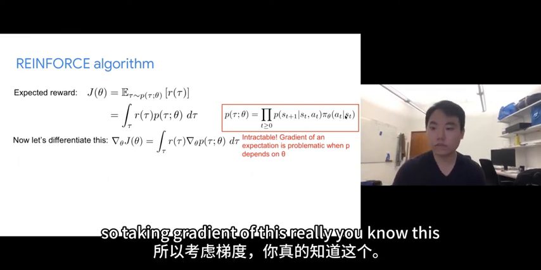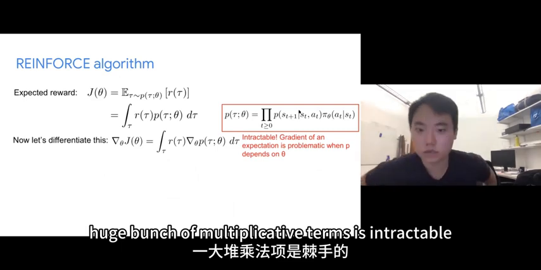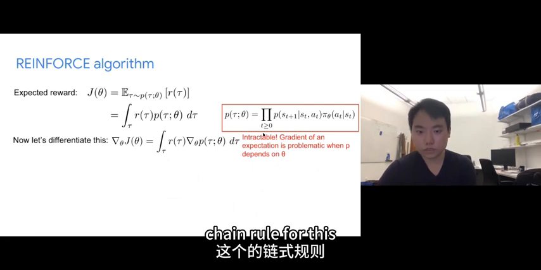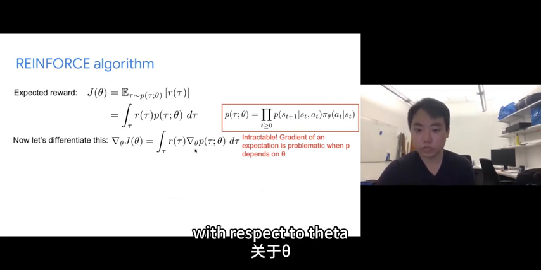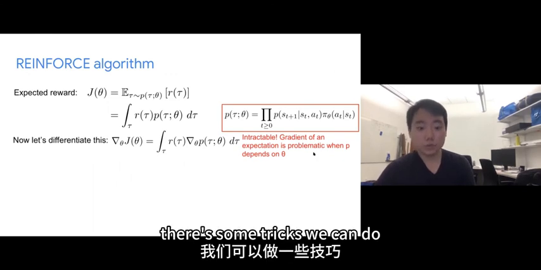So taking the gradient of this huge bunch of multiplicative terms is intractable, right? You can't even think of how you can do the chain rule for this. So you can't really take a gradient of this with respect to theta. But there are some tricks we can do.